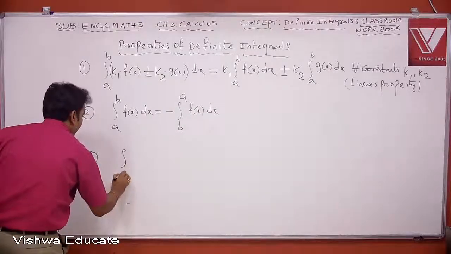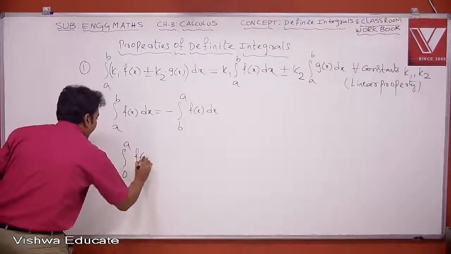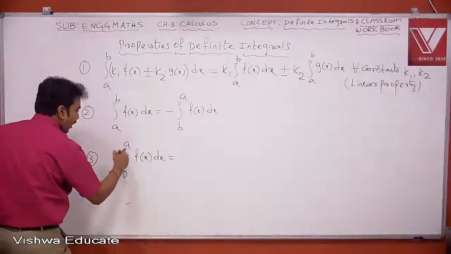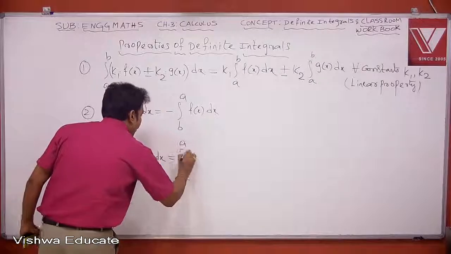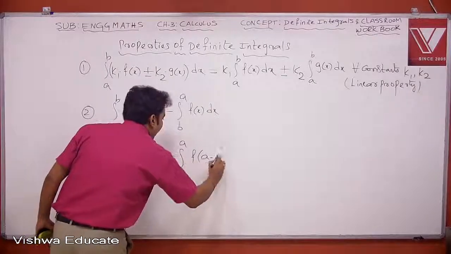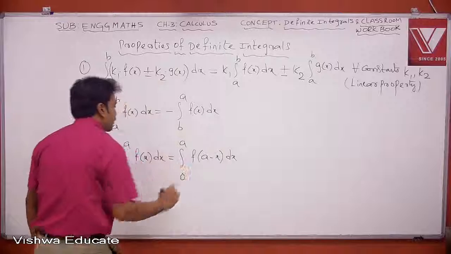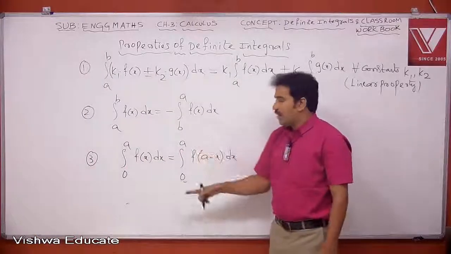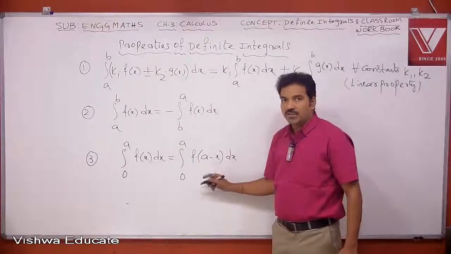Now property number 3. Integral 0 to a f of x dx. We are integrating this function from 0 to a. This will be equivalent to integral 0 to a f of a minus x dx. Same limits, 0 to a, but x is replaced by a minus x.